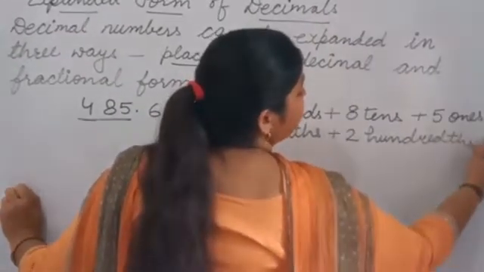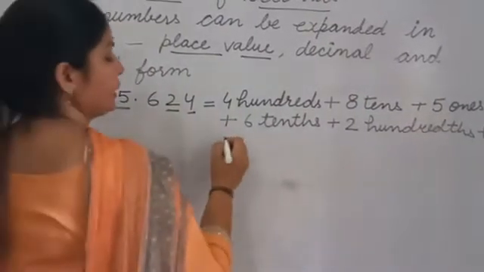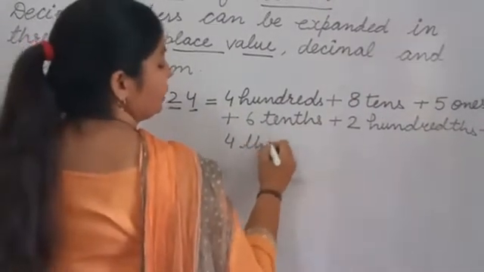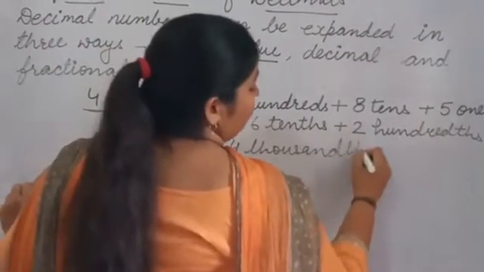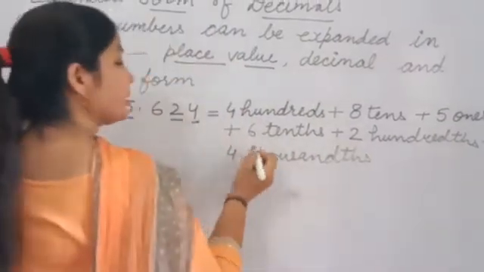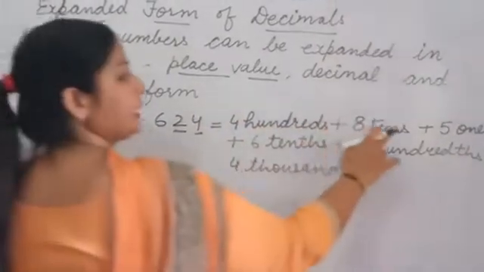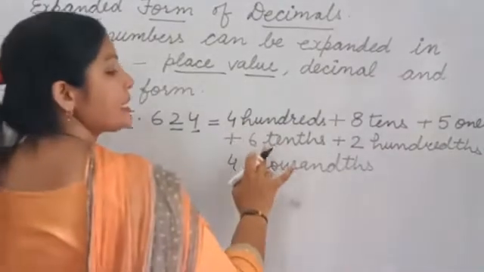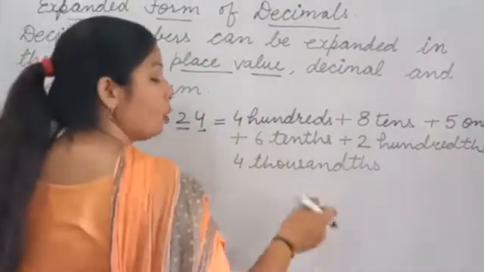And after that plus 4 thousandths. So we write here 4 thousandths. Okay, one method is this. You should write in words: 4 hundreds 8 tens 5 ones plus 6 tenths plus 2 hundredths plus 4 thousandths.